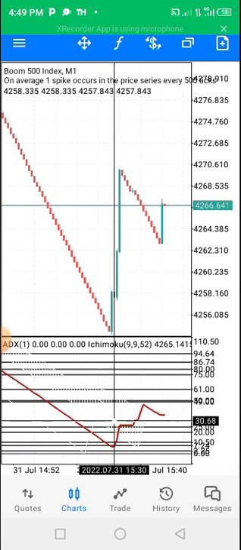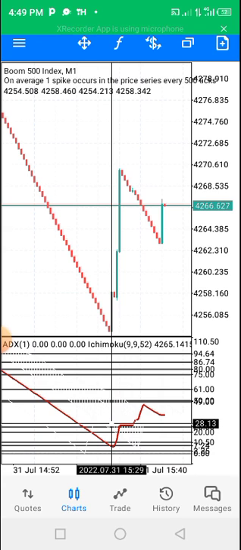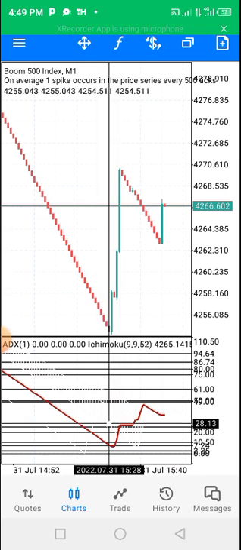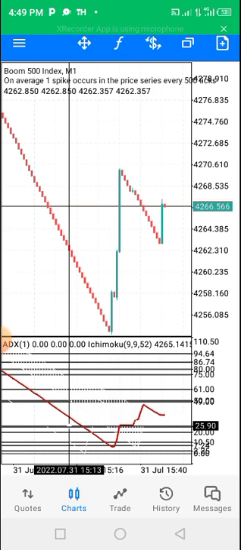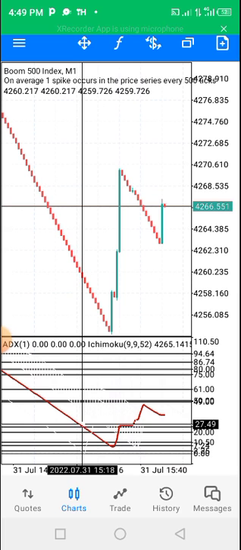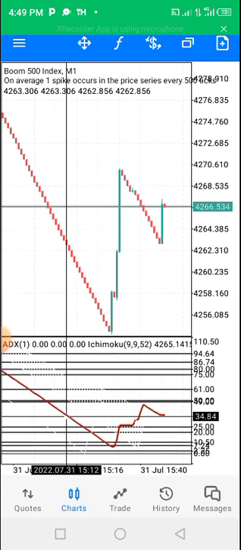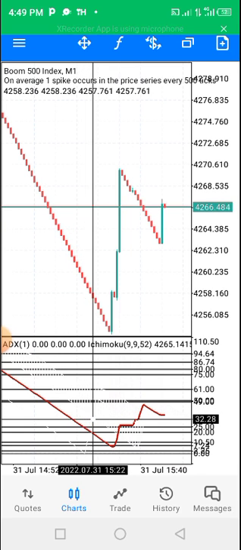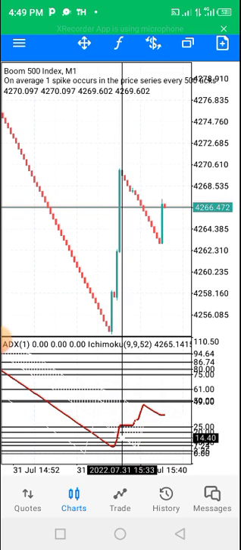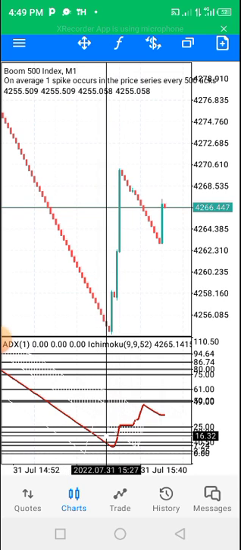Okay guys, so this is very simple. All you just need to do is just, you know, follow the explanations I made correctly and apply the right indicators, put the right settings the way I did, and I promise you and guarantee you that you will make some money for yourself.